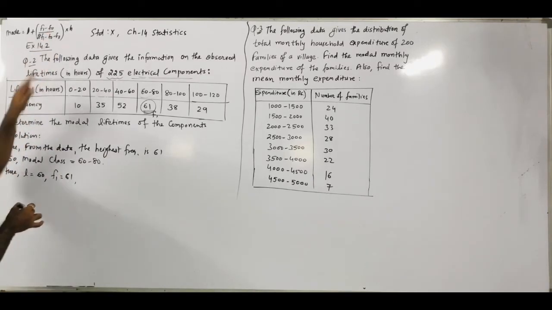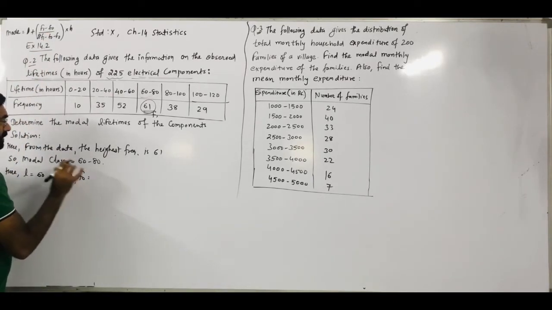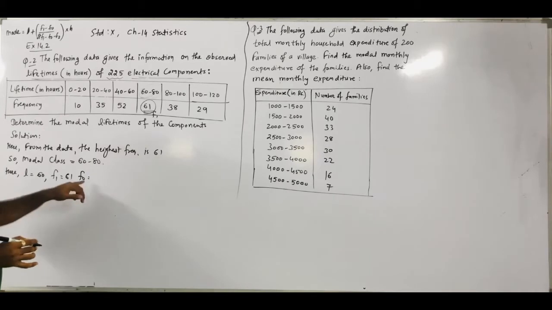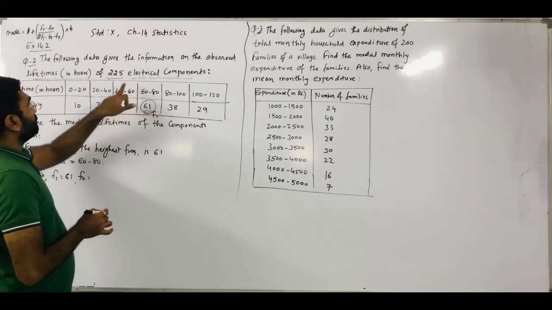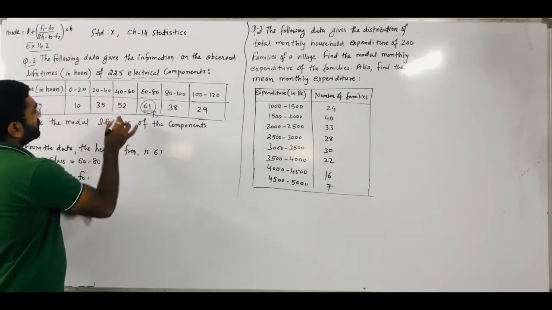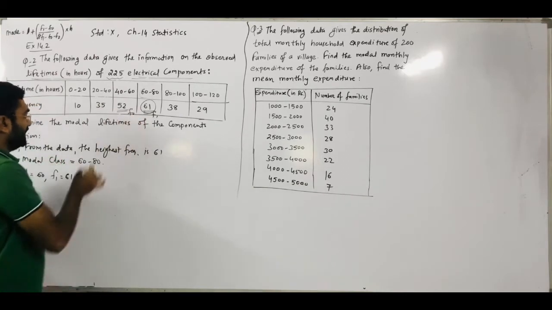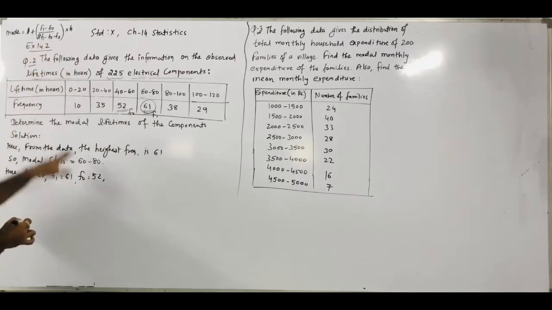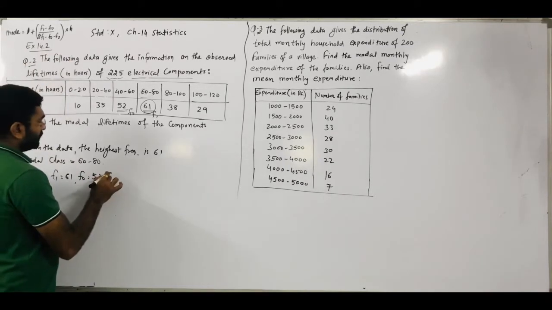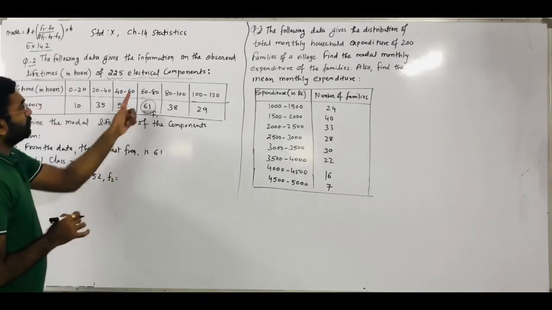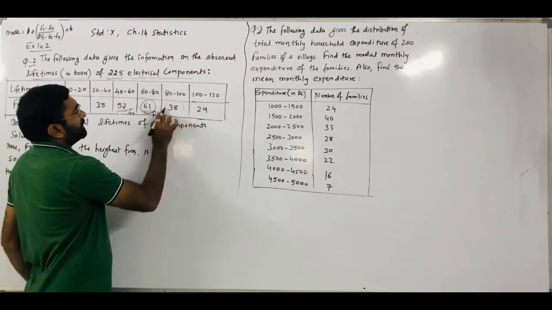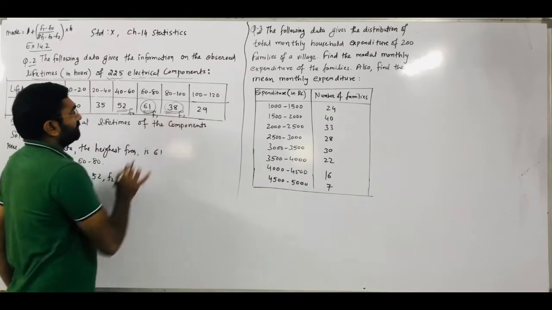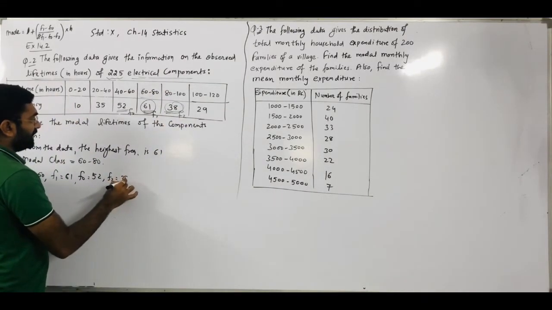Then F0: the frequency of the class preceding the modal class, so F0 is 52. F2 is the frequency of the class succeeding the modal class, so F2 is 38.